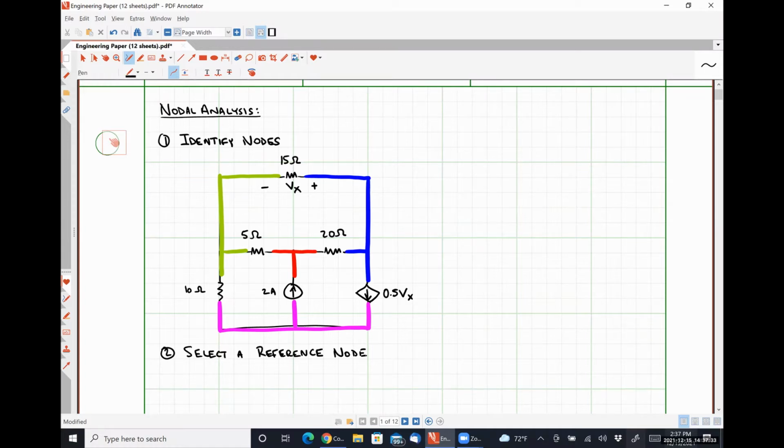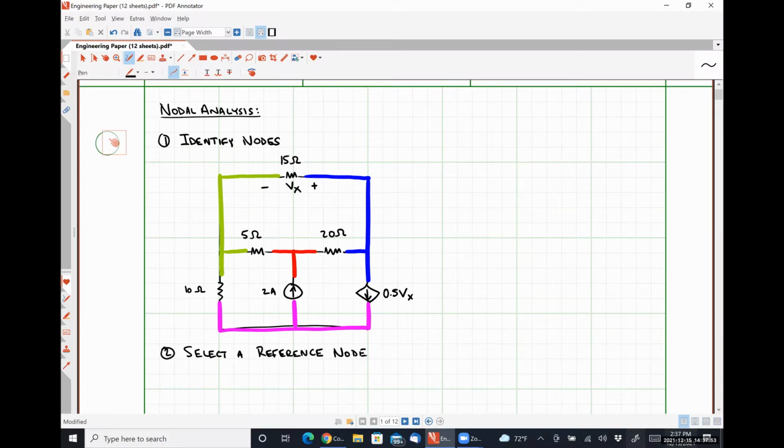But for this circuit, my green node is connected to 3 elements, my blue node is connected to 3 elements, my red node is connected to 3 elements, and my pink node is connected to 3 elements. So all of them are an appropriate choice for a reference node.